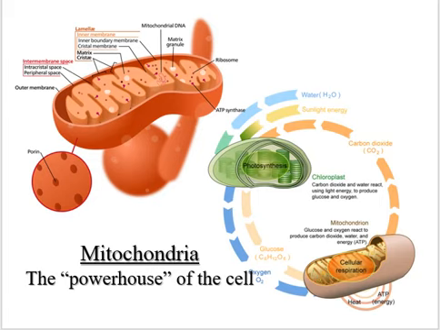And then the compartments created by the foldings of the inner membrane of the mitochondria will serve as the site for the electron transport chain and the majority of ATP synthesis. Again, we'll talk about each of those processes more in depth a little bit later.